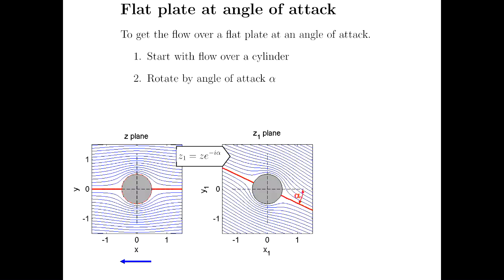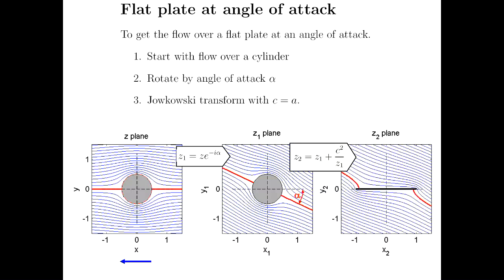Then I want to apply the Joukowski transformation with C equals A. So my Joukowski circle is just equal to the radius of the cylinder, and that will give me a flat plate. So I will get a flow that looks like this, a flow over a flat plate at some angle of attack.